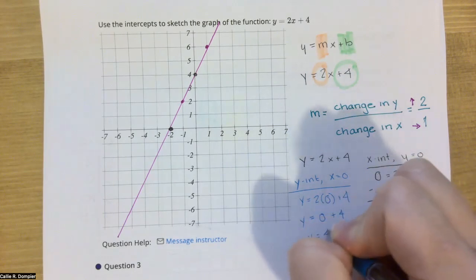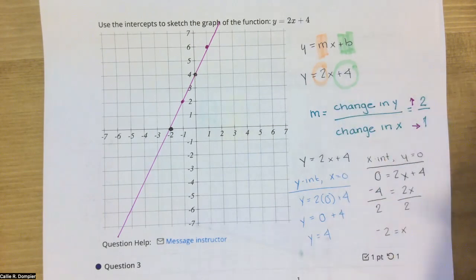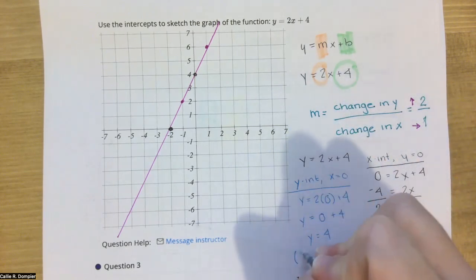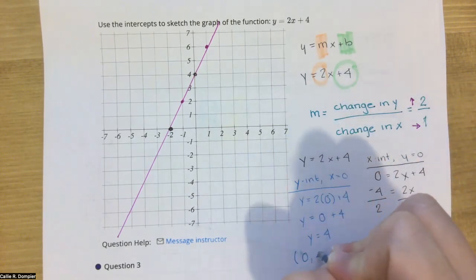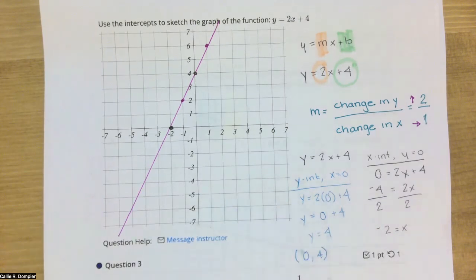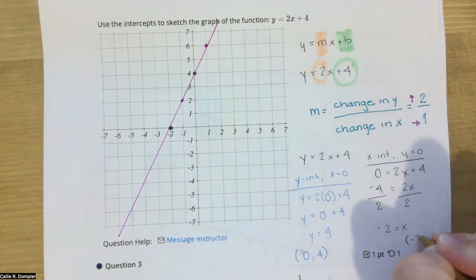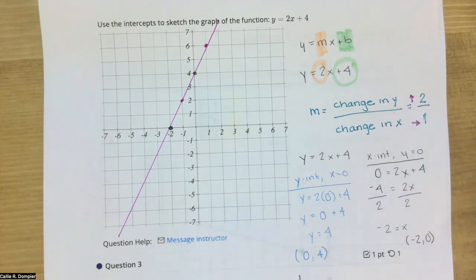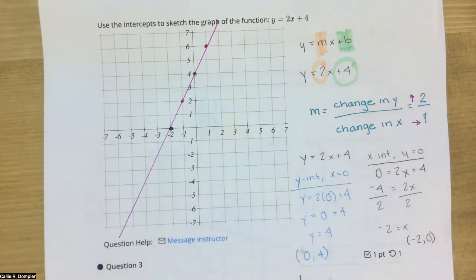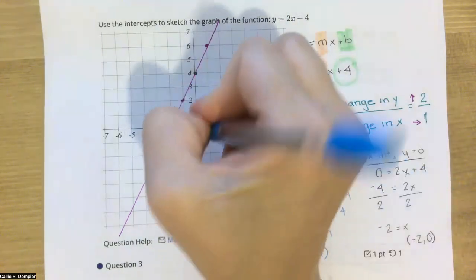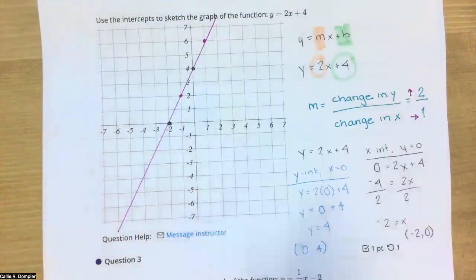Y equals 4 when x equals 0. So that's the point 0, 4. And I should have explained that better here too. X is negative 2 when y is 0. That's the point negative 2, 0, right? Oh, sorry, 0, positive 4. 0, positive 4 is right here.